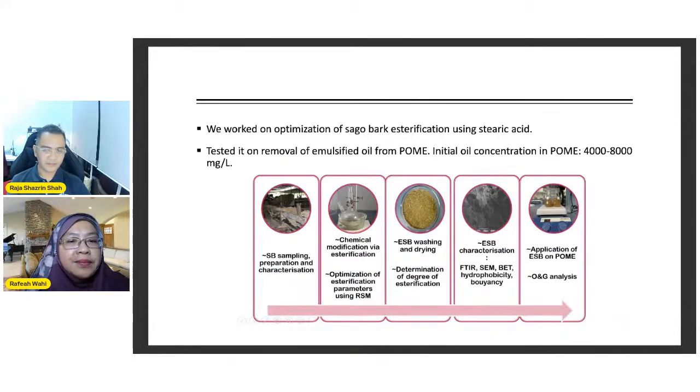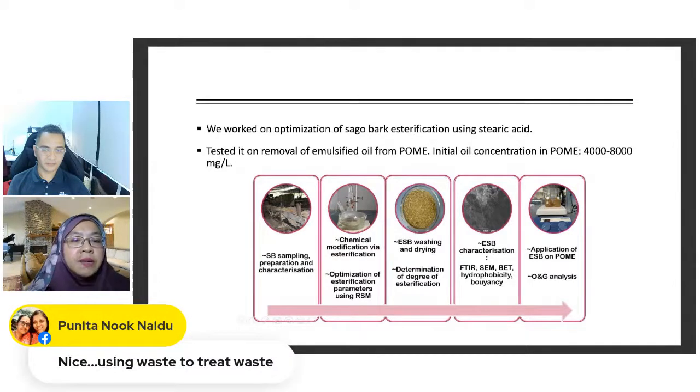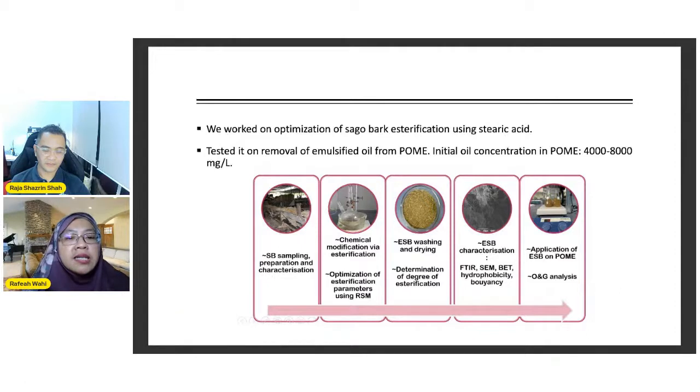That's the common practice, because when it's released into the nearby river, if it is not in a very big amount, it should have no problem. But if we release too much into the nearby river, it will cause organic pollution, like over-nutrients, and an increase in the COD and BOD of the river water. So that's why we are utilizing this waste for this purpose.